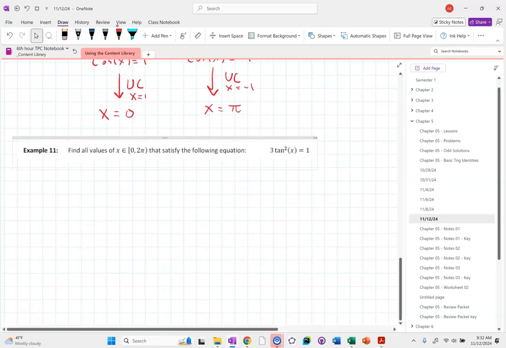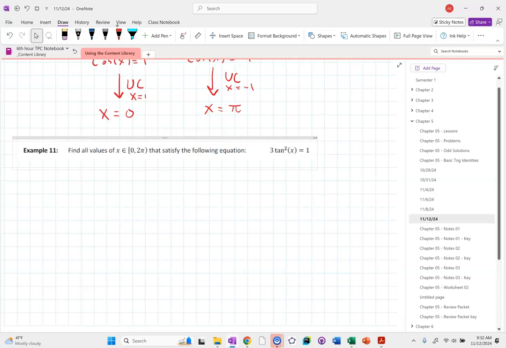All right. What if we have this time 3 tan squared x equals 1? What's wrong with the left-hand side here? We have a coefficient of 3 and an exponent squared, right?